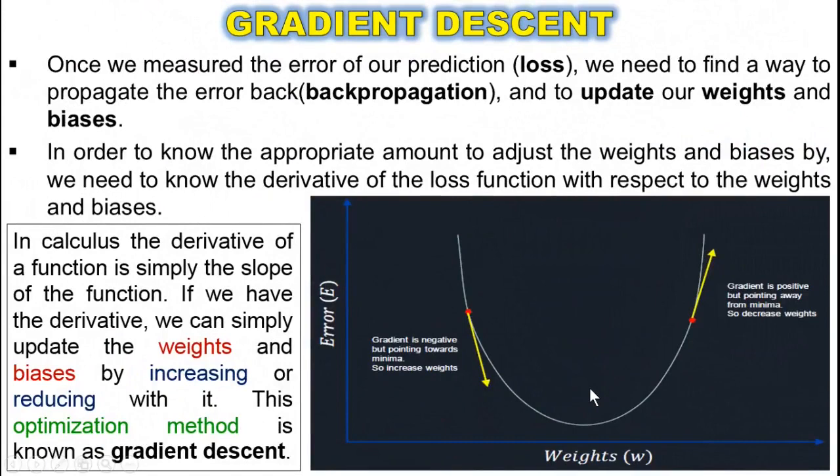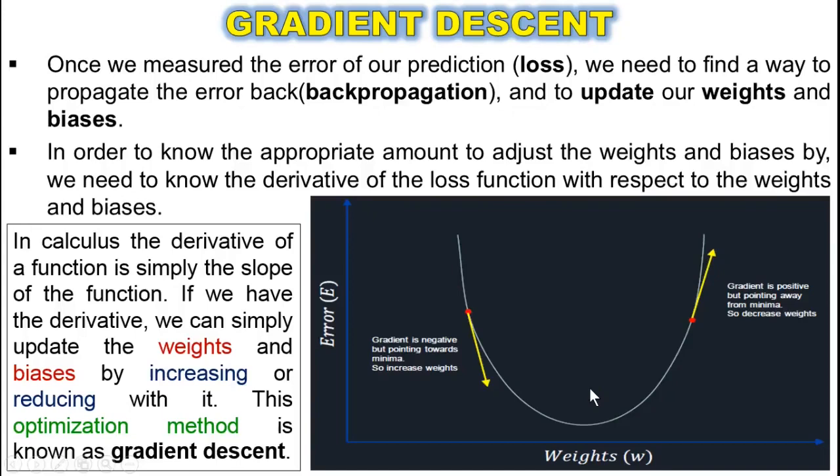Once we measure the error of our prediction, the loss, we need to find a way to propagate the error back and to update our weights and biases. In order to know the appropriate amount to adjust the weights and biases by, we need to know the derivative of the loss function with respect to the weights and biases.